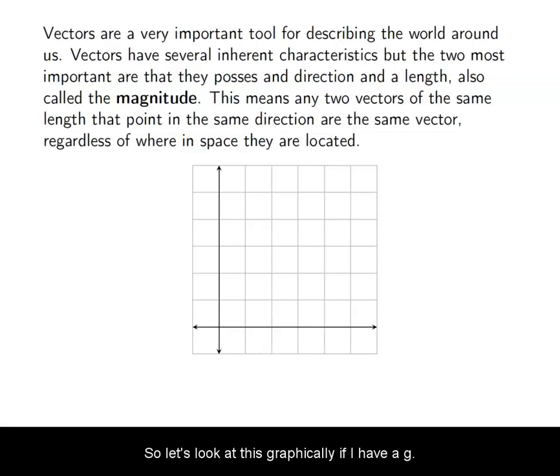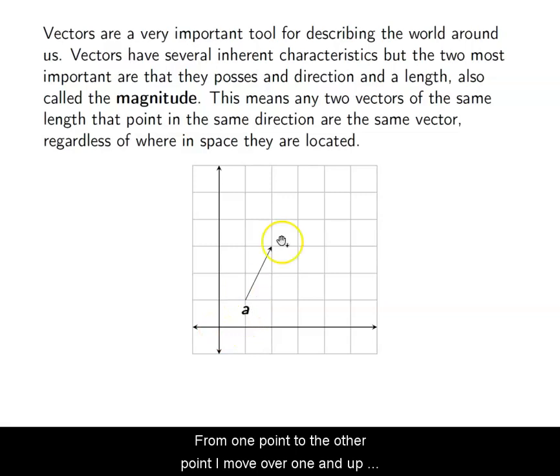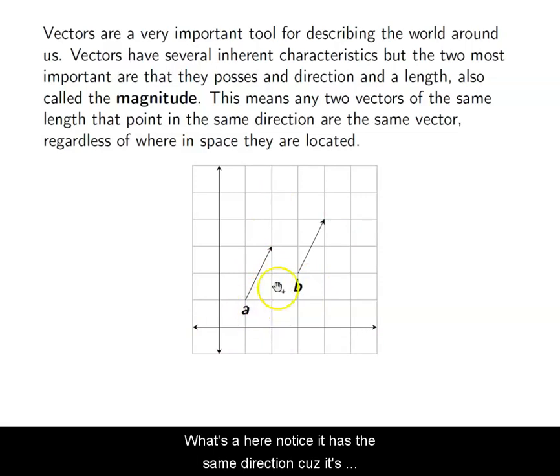So let's look at this graphically. If I have a graph, let's say I have a vector A. Notice that this vector is not at the origin, but from one point to the other point, I move over 1 and up 2. That helps me to point in a direction, and it helps me to look at what its length is on a graph. Now, if I take this same vector and place it somewhere else, let's say here, notice it has the same direction because it's over 1 and up 2, but it's in a different place in space.